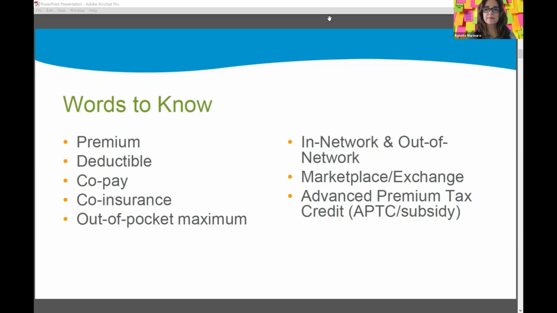The marketplace or exchange, it's the same thing. They're interchangeable terms. In Georgia, it's healthcare.gov. So you're going to go to healthcare.gov to apply for any kind of discounted insurance plans.